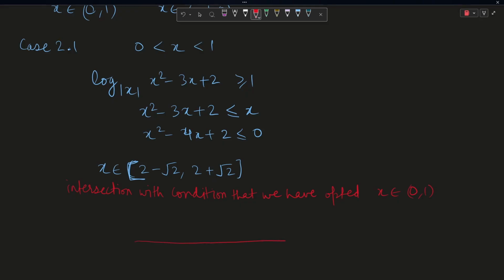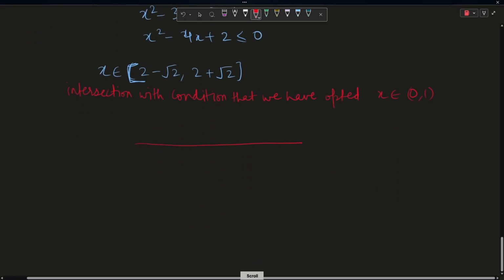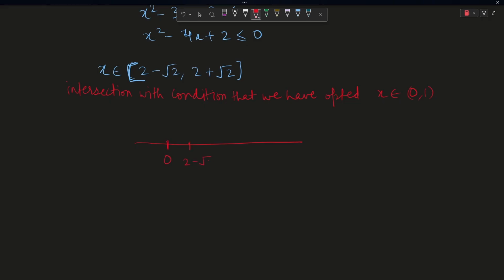So let's draw the number line. On drawing the number line, we can plot 0, then we can plot 2 minus root 2, then 1, and then 2 plus root 2, right? This is the closed interval, then 0 to 1.